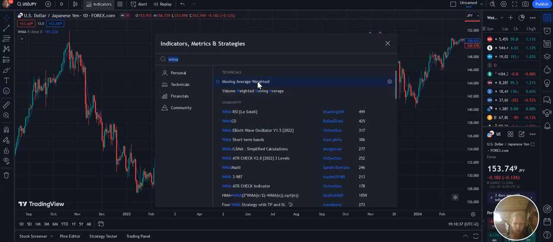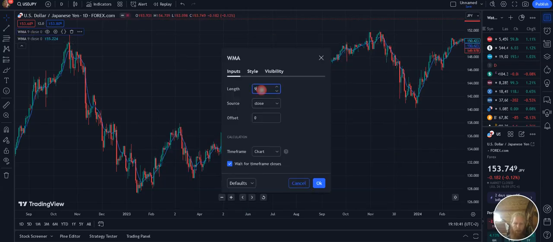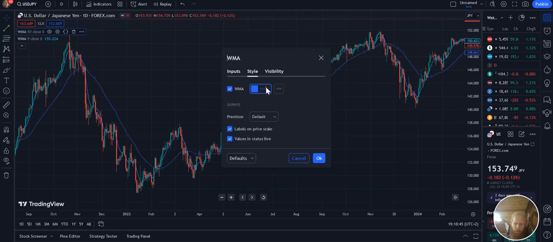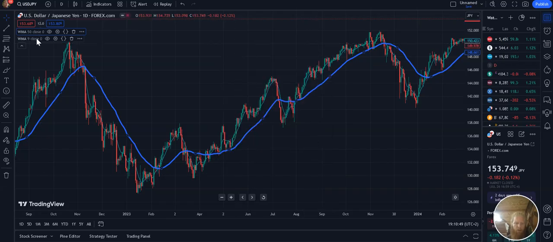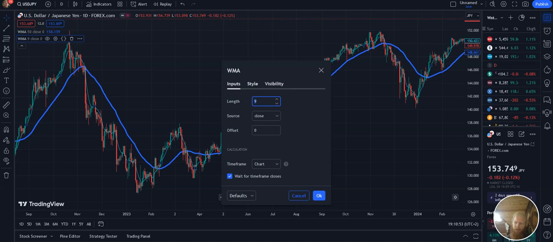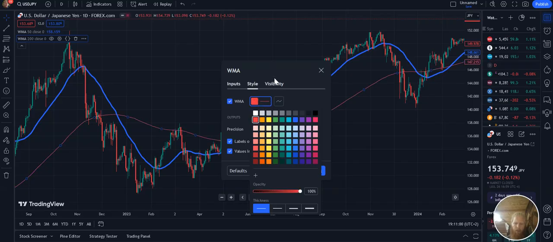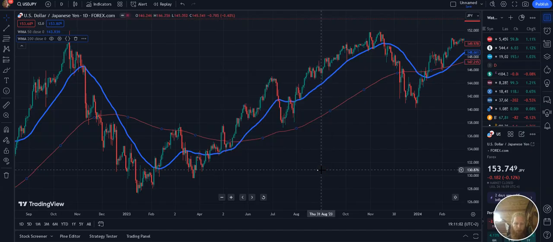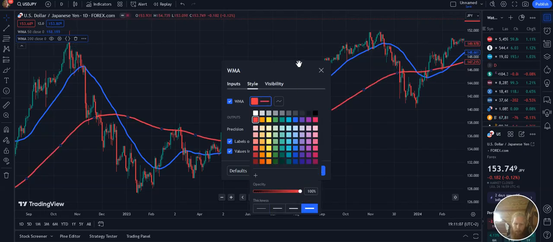We are going to need two of them, and the first one is going to be 50 period, and I want it to be seen better, so it's going to be blue. And the second one is going to be 200 period, and this one is going to be the red one. And I want to have a thicker line.